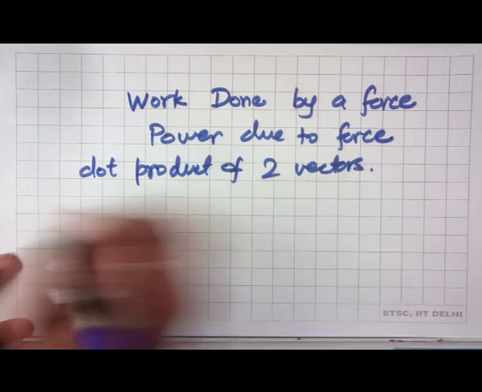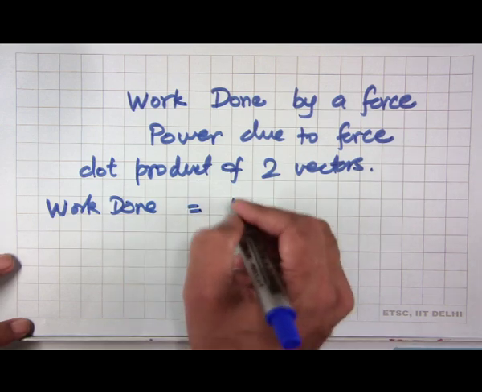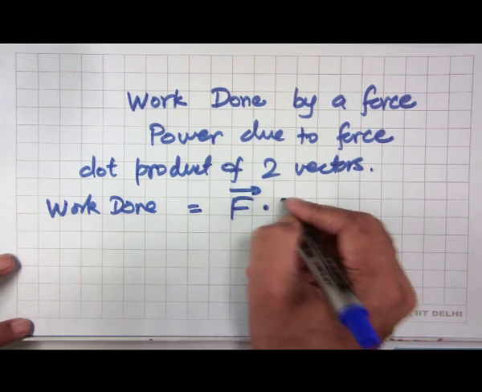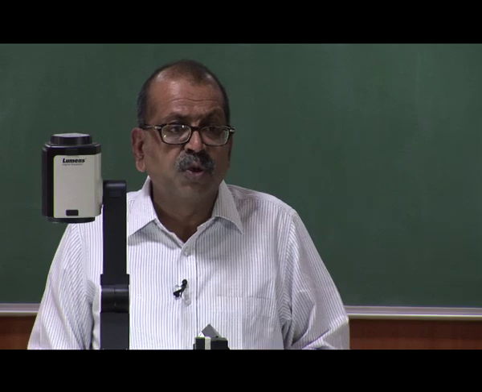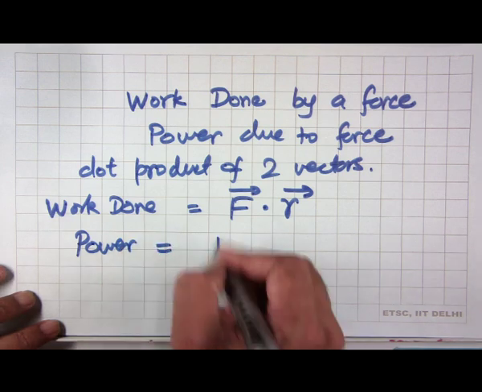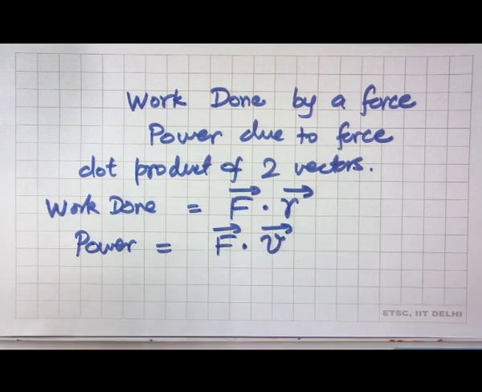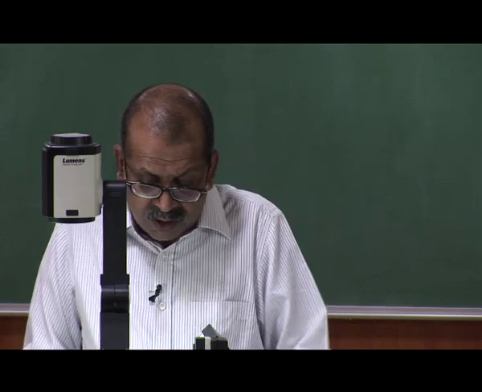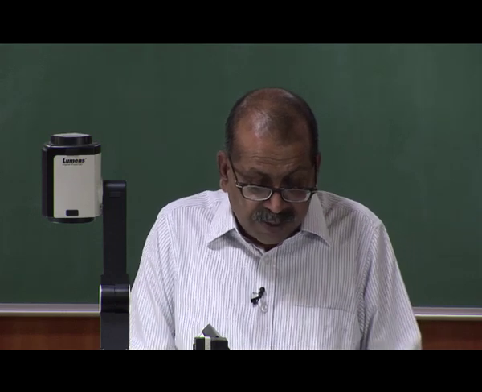For example, work done will be defined as the dot product of force with displacement of the point on which the force is being applied, and similarly power will be defined as the dot product of force and velocity of the point on which the force is being applied. So, this is how we will use dot products, and other quantities involving dot products will come in the course.